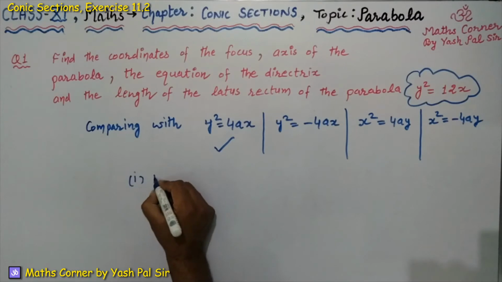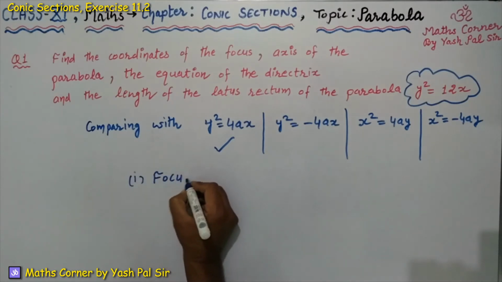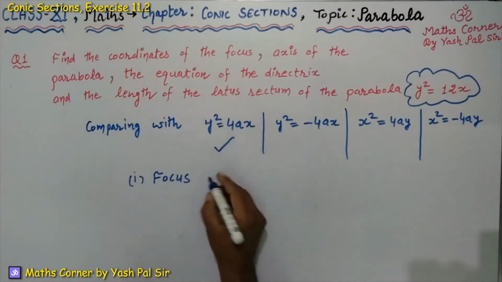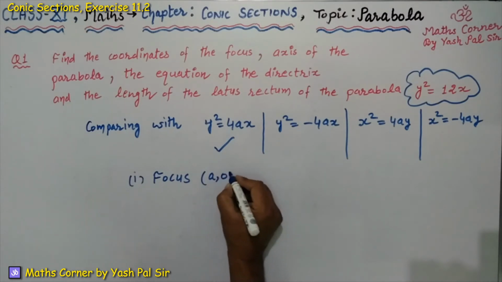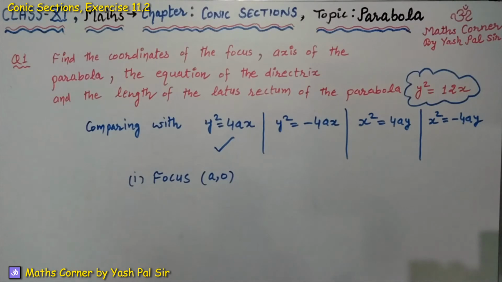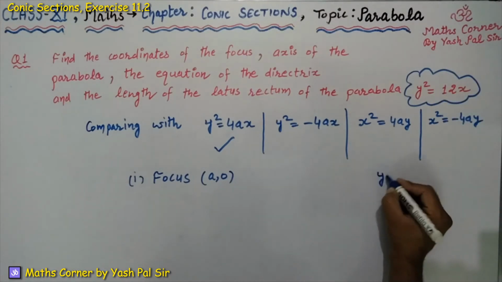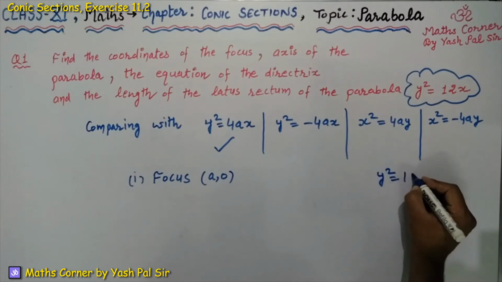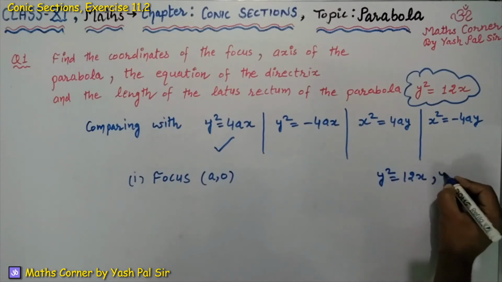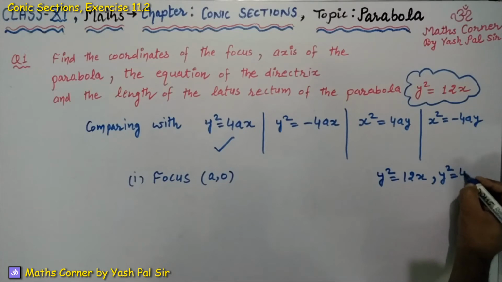Okay, now what we know about this parabola? Number one, what is the question? Focus. Focus of this parabola, the coordinates are a comma 0. So on comparison, we have y square is equal to 12x.